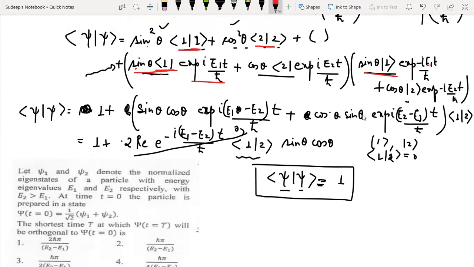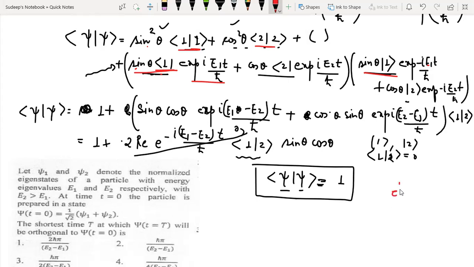The remaining thing is sine theta bra 1 and you have a ket 2 here, multiplied by sine theta cos theta, giving exponential iota (E1 minus E2) t upon h bar ket, and then plus cos theta sine theta exponential iota (E2 minus E1), which you can also write as minus iota (E1 minus E2) t upon h bar ket.